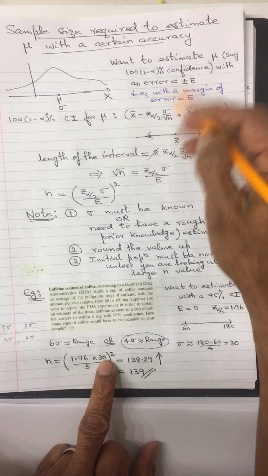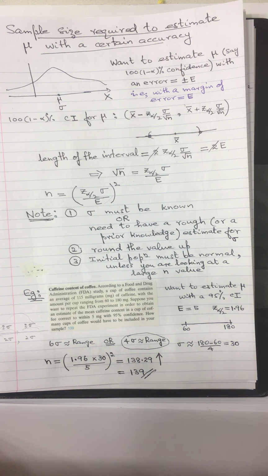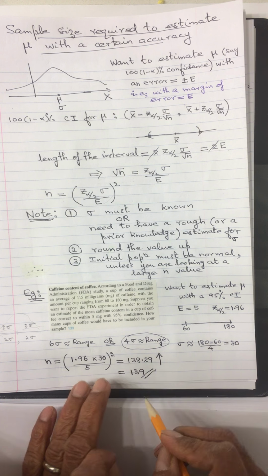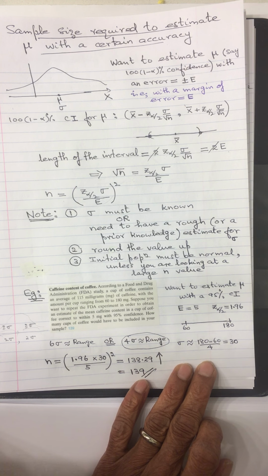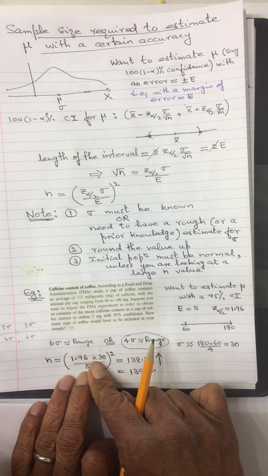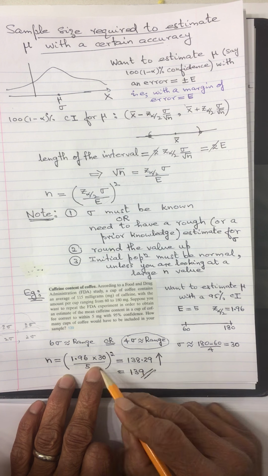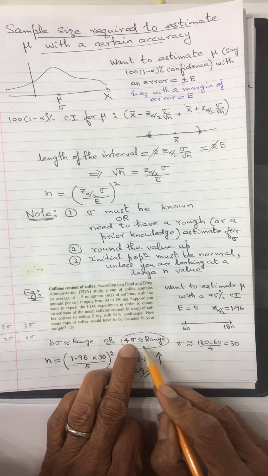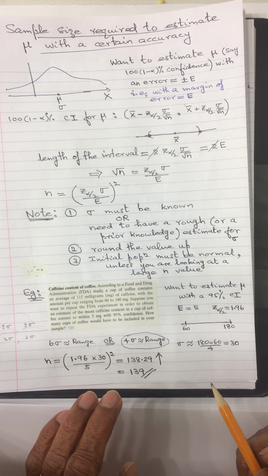You have a goal to achieve, so you want a conservative estimate, and you don't want to divide by 6. This way, your sample size might be a little bigger than what you want, but you are safe. So that's the reason you do it that way. This is the right one: the standard deviation is the range divided by 4.